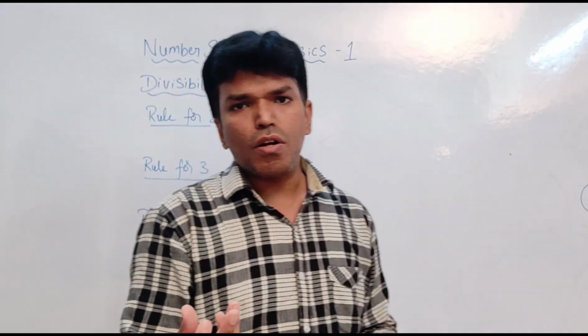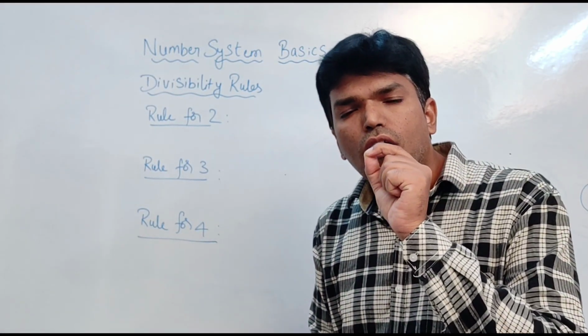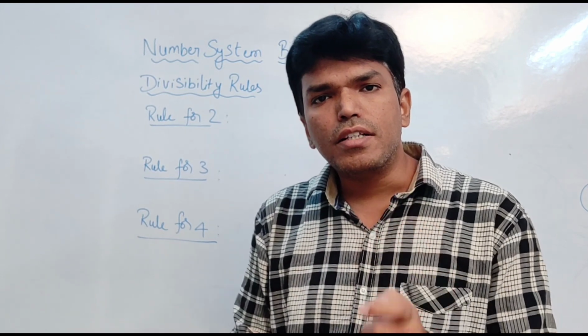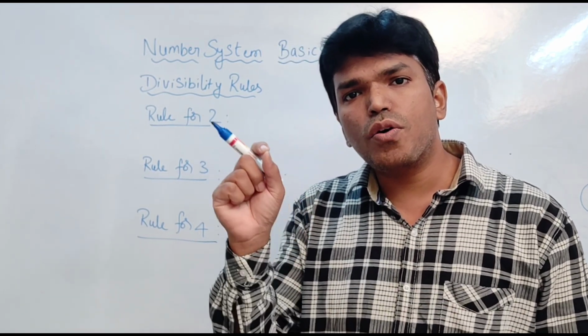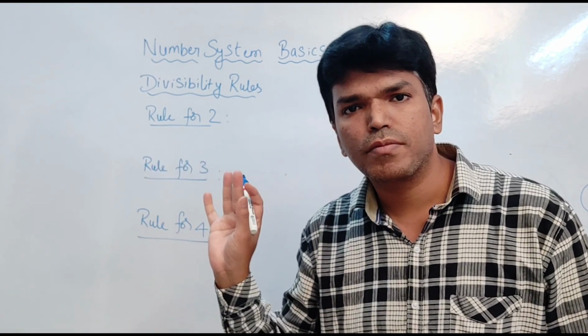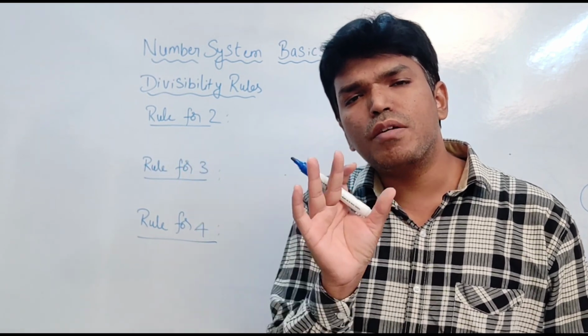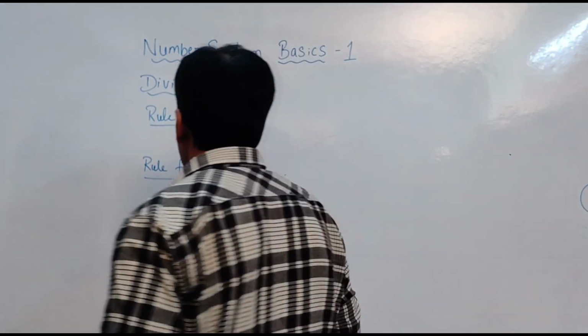Here you can say it like this also. The numbers which end in 0, 2, 4, 6 and 8 can all be divisible by 2.